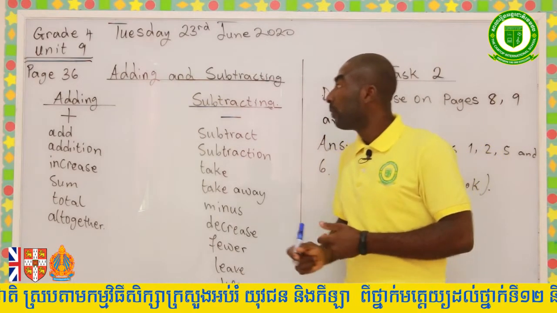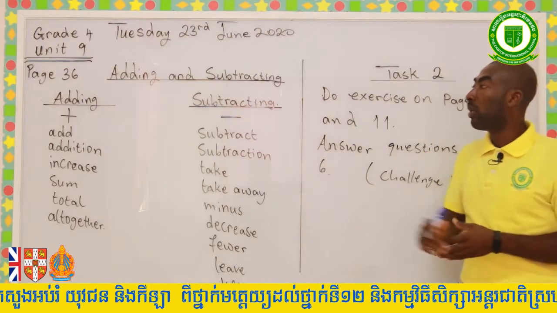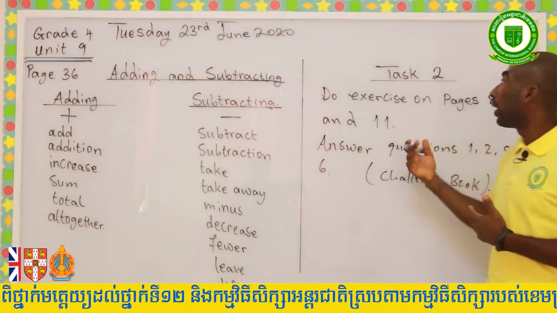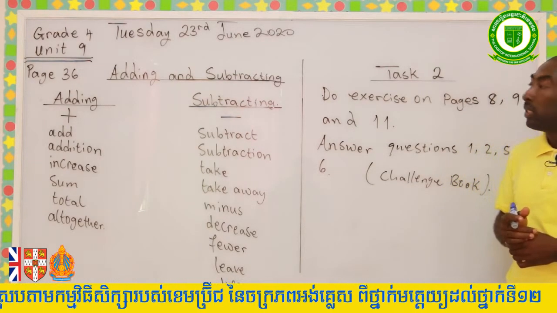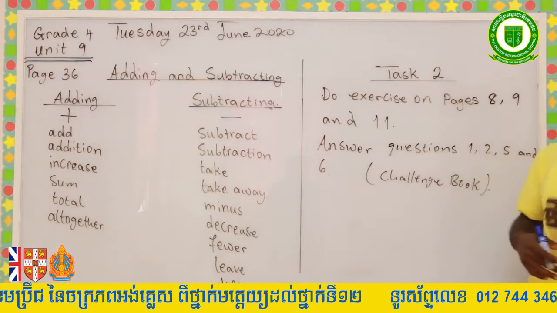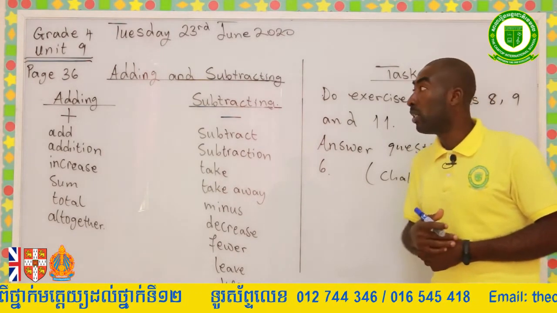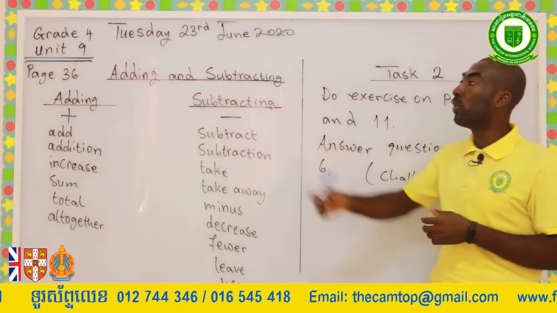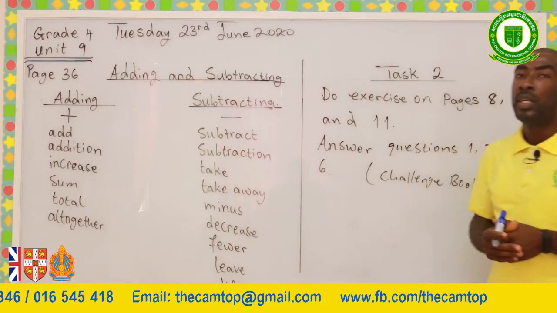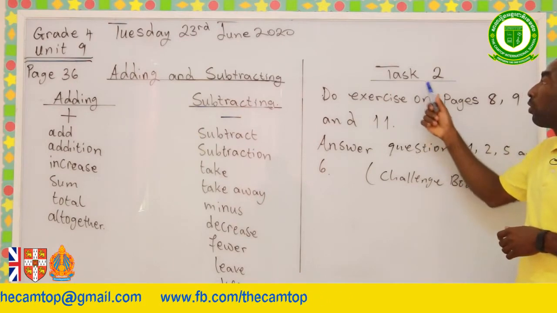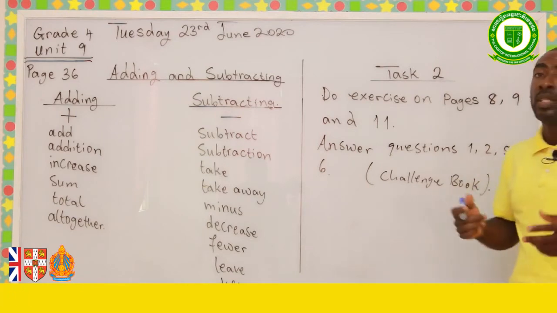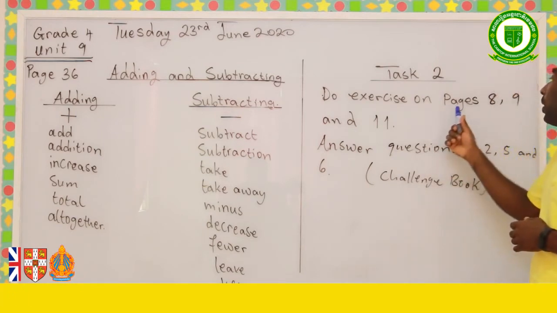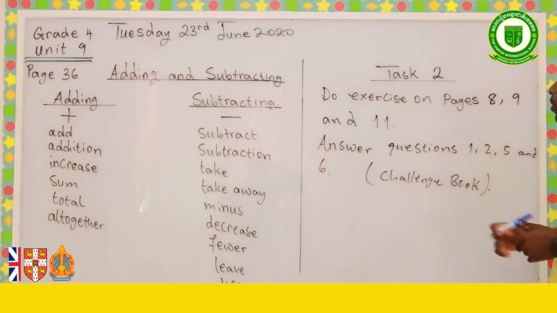Once we finish with our words, we can go ahead with task 2, because you've done well in task 1, and we can see how we deal with more complicated or a little bit difficult issues when adding and subtracting. In task 2, we're still going to look at some equations with adding and subtracting. We are picking our exercise from pages 8, 9, and 11.